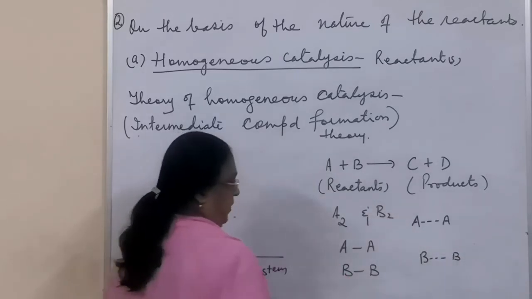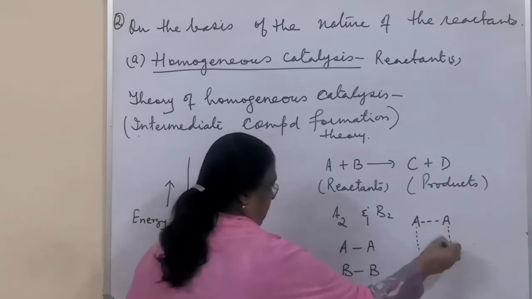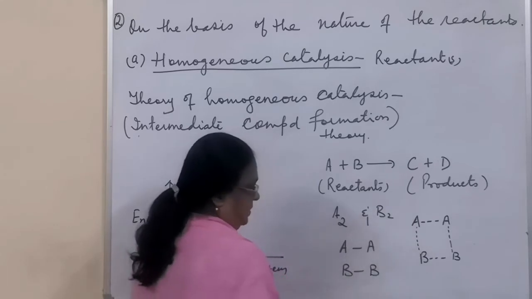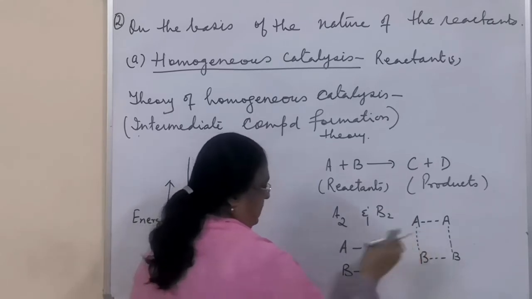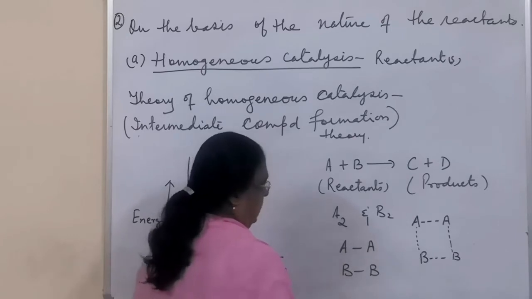When they are in contact, they establish another weak bond between dissimilar atoms. None of these bonds is fully forming, but they are all in close vicinity.